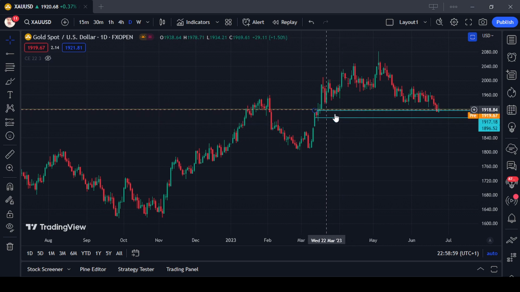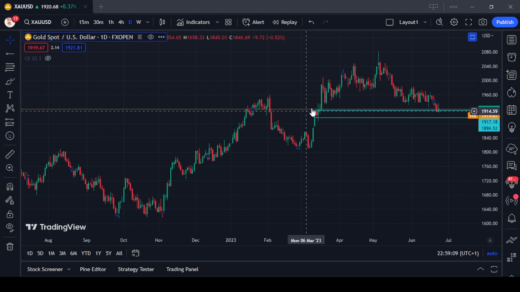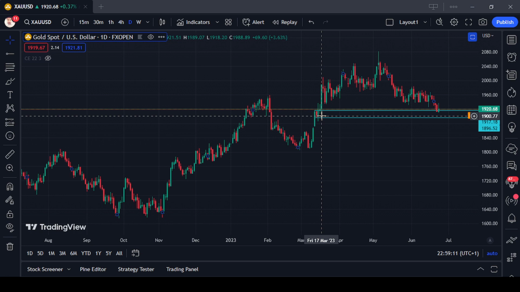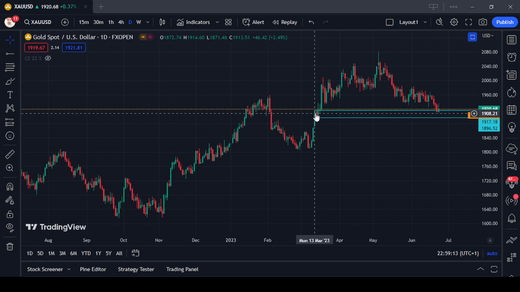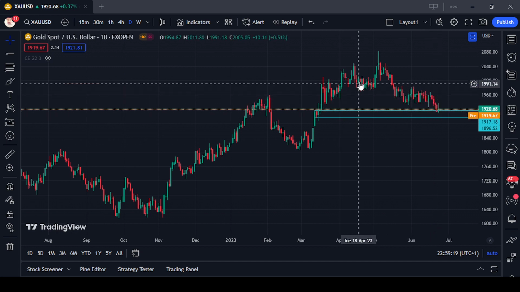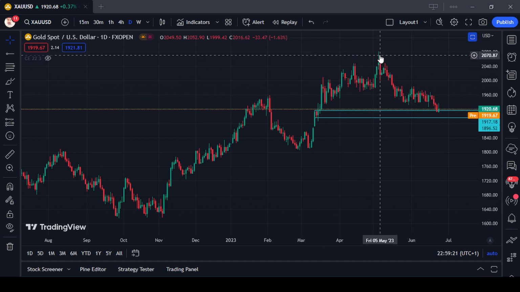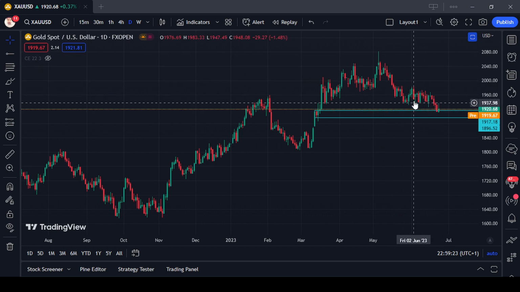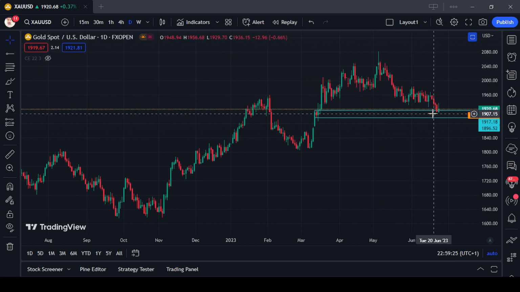In this zone, as you can see, the buyers bought a lot of gold from this position, in this area, and this is our order block that has not been mitigated yet. After too much buying from this position to this position, the gold has again come backward to this position.